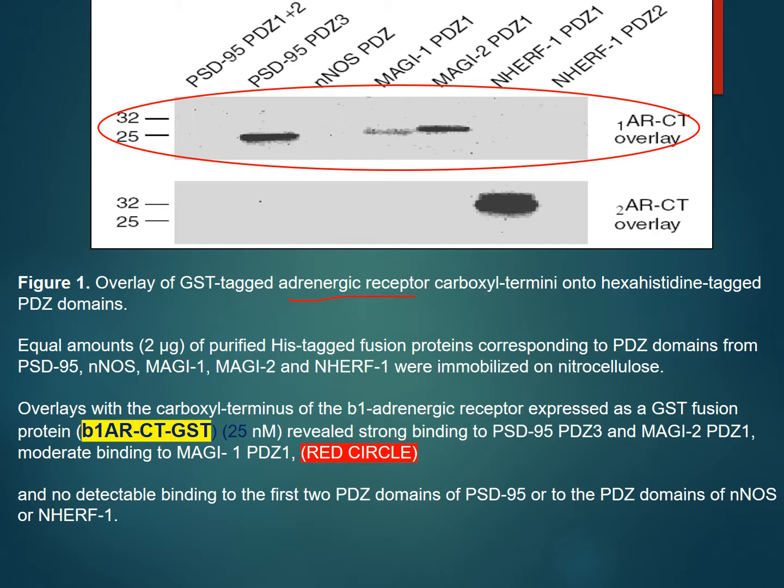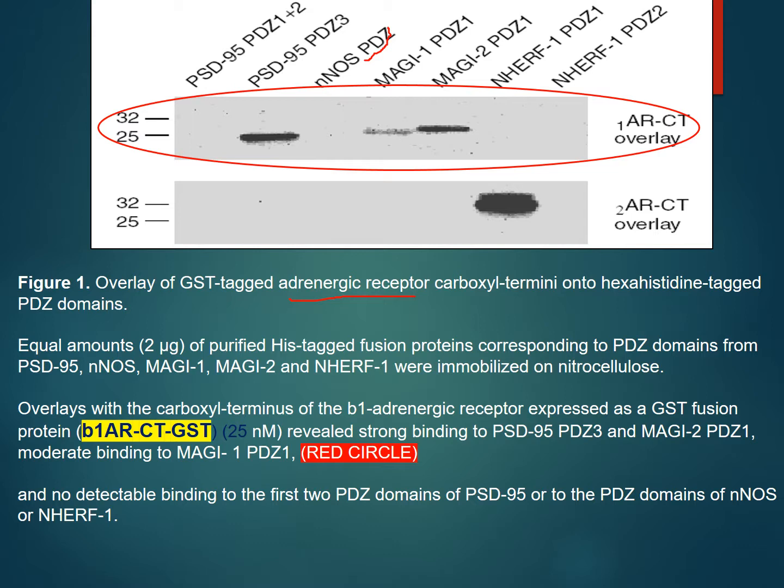And a lot of these proteins have a known domain that binds receptors, the PDZ domain. All these different proteins and parts of different proteins have this domain in them. And so equal amounts of tagged proteins, each one of these was tagged with HA, the HA fusion.